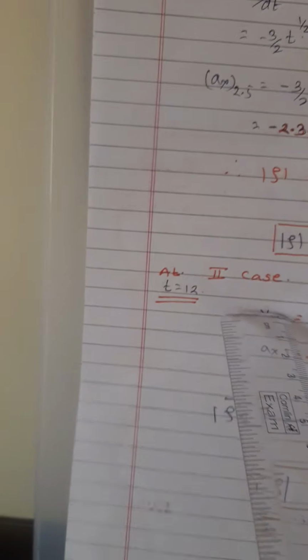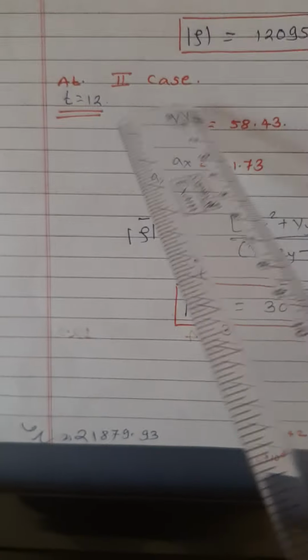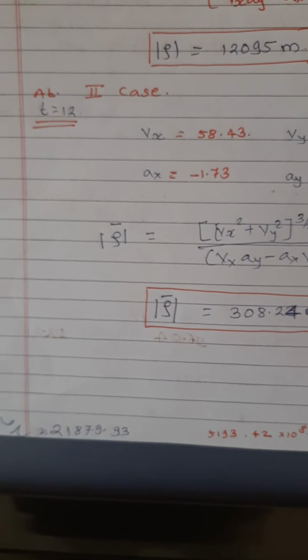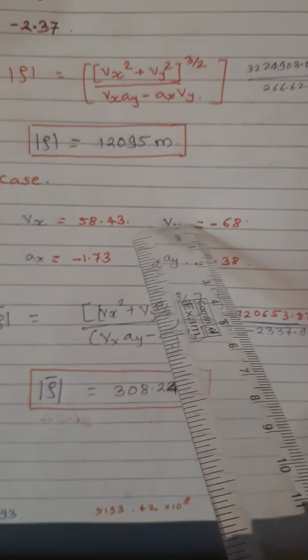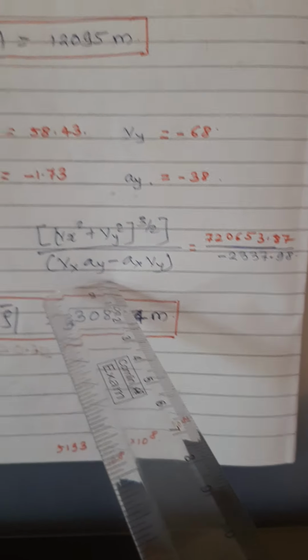In the similar case, we have obtained the equations for Vx and Vy. These two equations are given, and Ax and Ay we have derived. So in all these equations for Vx, Ax, Vy, Ay, we will just substitute t equal to 12 and get the values.